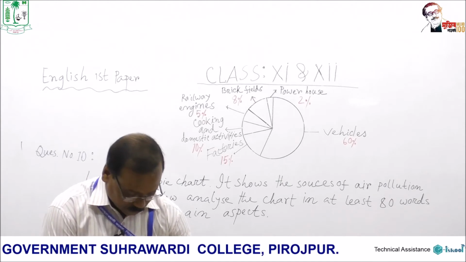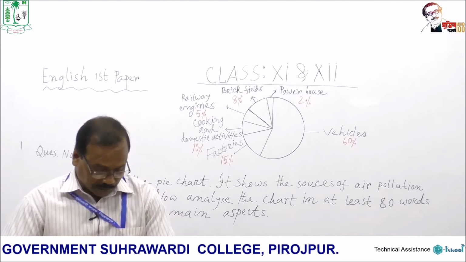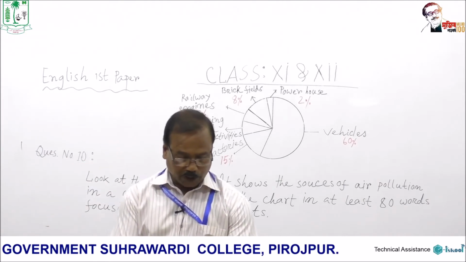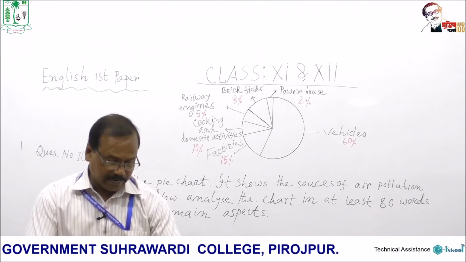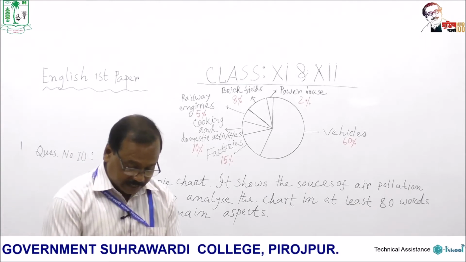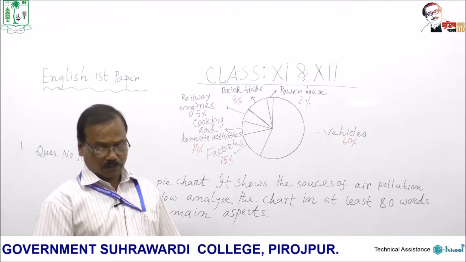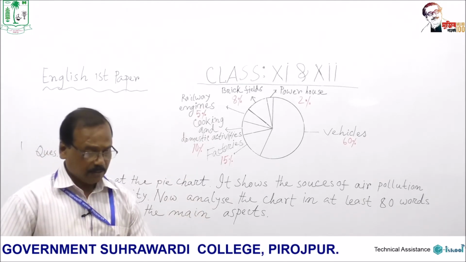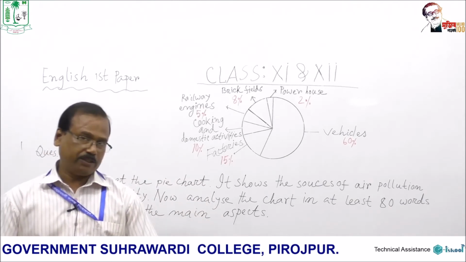And now the last sentence, which will reflect your personal opinion. However, it is clearly seen that, যাই হোক, পরিষ্কারভাবে দেখা যাচ্ছে যে, however, it is clearly seen that smoke emitted from different vehicles is mainly responsible for air pollution in a city. It is your comment, the conclusive sentence of the analysis of a pie chart.